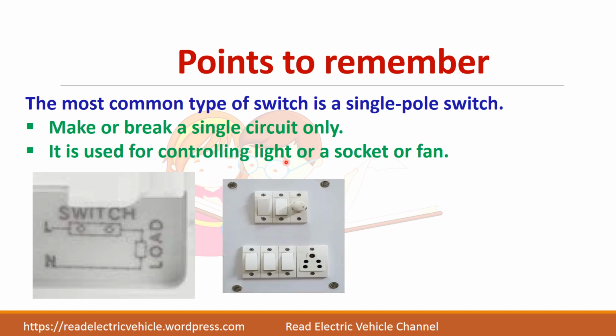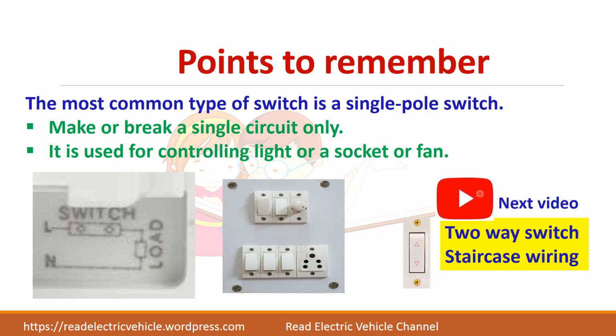It is used for controlling the light. A socket or a fan can be controlled using this single pole switch or one-way switch. If you want to know about the two-way switch, you can check the next video on two-way switch staircase wiring.